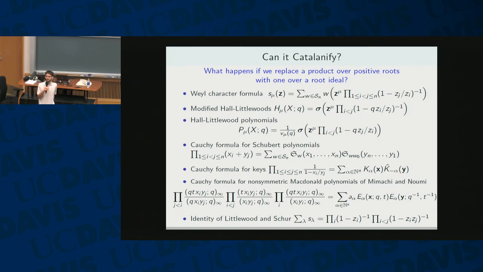What do you mean? If you look at the inversion sets of certain dominant permutations, then this would look like your order ideals. Oh, okay. I'm not sure. I think I lost a little. Maybe we'll have to talk about that later because that was a little complicated for me to answer right away, and we're running out of time.